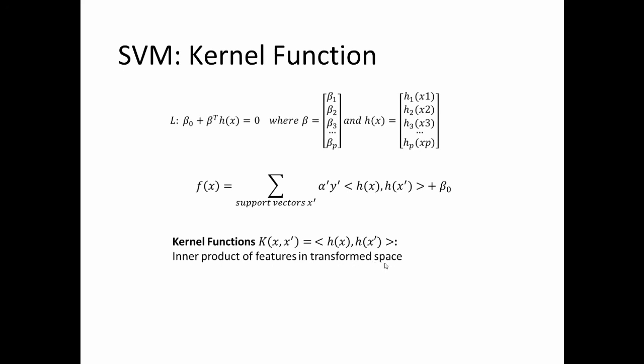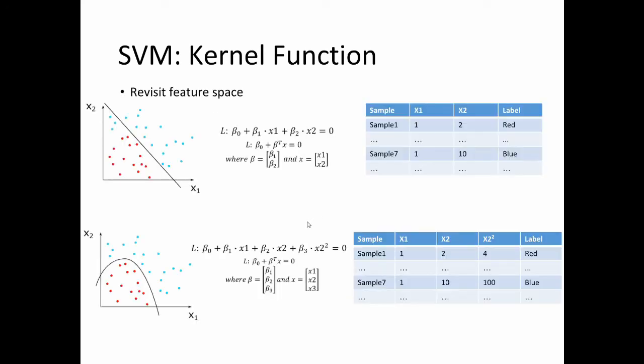So what does this transformed space mean? In this transformed space, we have features h1(x1), h2(x2), all the way to hp(xp), right? And in the transformed space, the decision boundary is still a linear function depending on all the features of h(x), right? Although in the original space, the decision boundary is not linear at all, right? There's a power of 2 here.